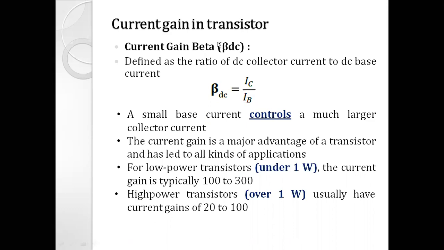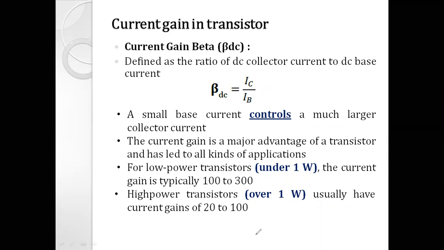You can see that the collector is the output current and the base is the input current, for the base-collector junction where VCC supplies are given between the base and the collector region. So it is defined as the ratio of the DC collector current to the DC base current.